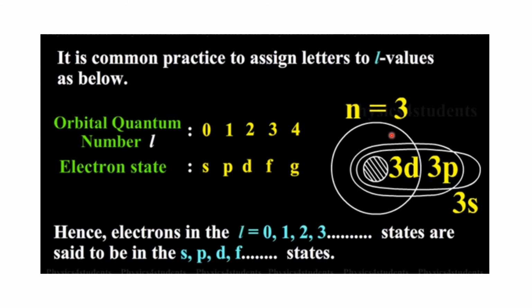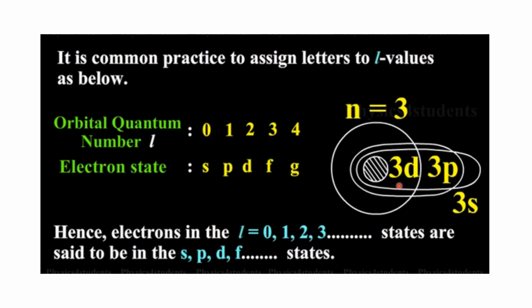When n is equal to 3, the possible L values are from 0 to n minus 1. n minus 1 means 3 minus 1, which is 2. So the values are from 0 to 2, that is 0, 1, 2. So three values are possible, and those three values correspond to three sub-energy levels, which are 3s, 3p and 3d.